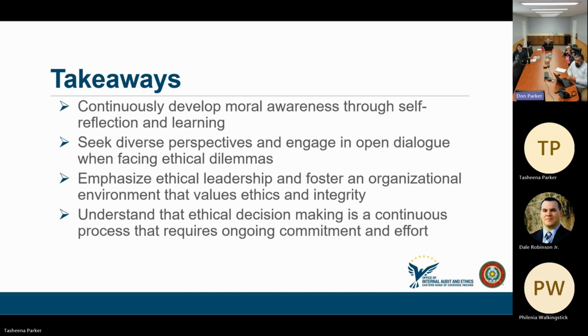Understand that ethical decision making is a continuous process that requires ongoing commitment and effort. By embracing these takeaways, you can make informed ethical decisions that align with your values, positively impact others, and contribute to a more ethically responsible society.